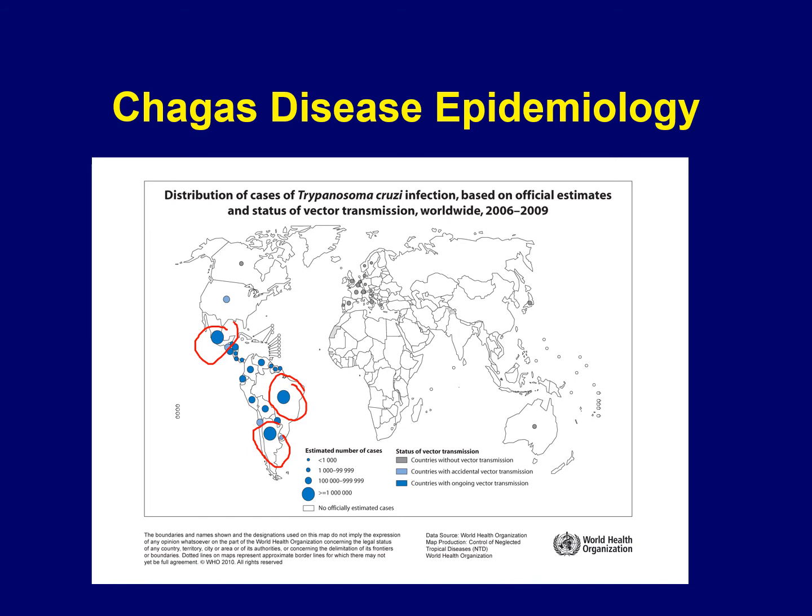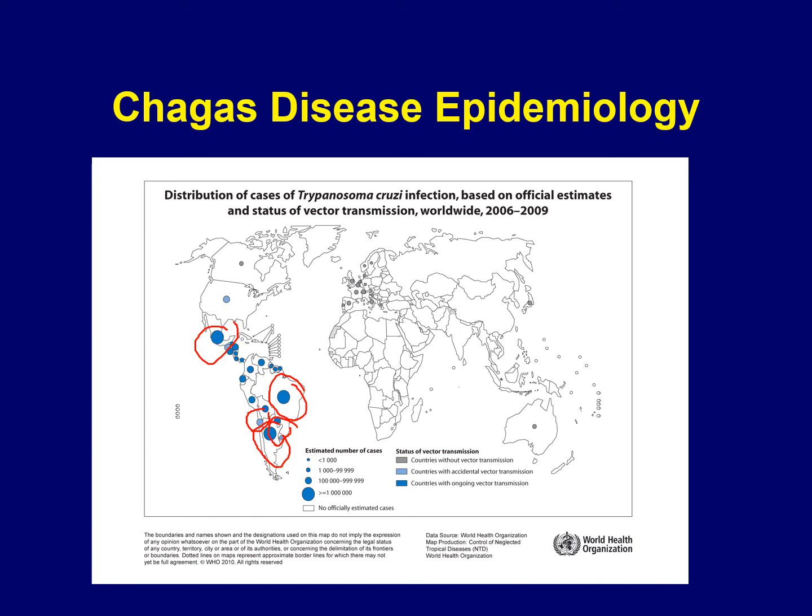However, in countries with much higher economic development than the rest of the region, like Uruguay here and Chile, we do see that there isn't really ongoing vector transmission. The countries with this darker blue are countries with ongoing vector transmission from the triatomine bug.